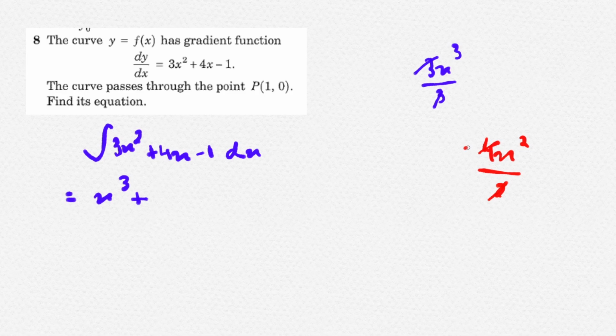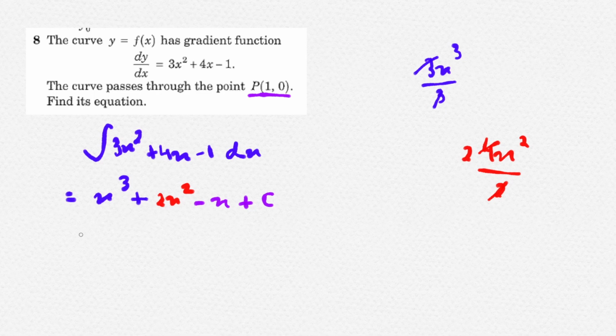Simplifying this, it would simply give us 2x squared. Remember, the symbols stay the same. From previous examples, we know the integration of a constant is x. Therefore, it would be minus x, and then an addition of a constant.